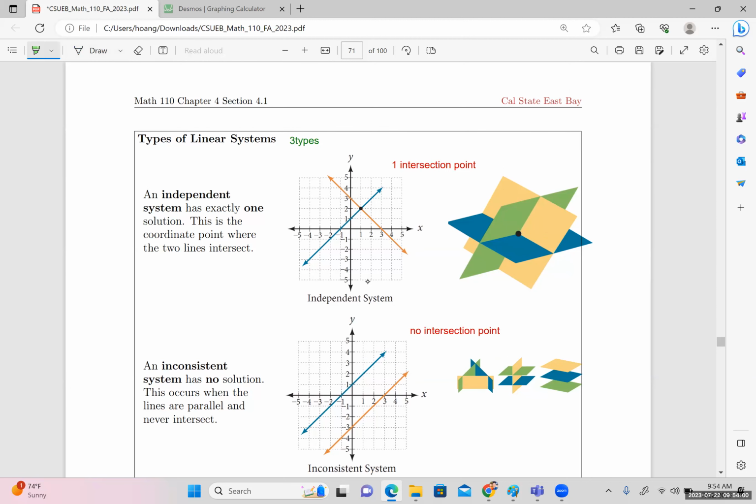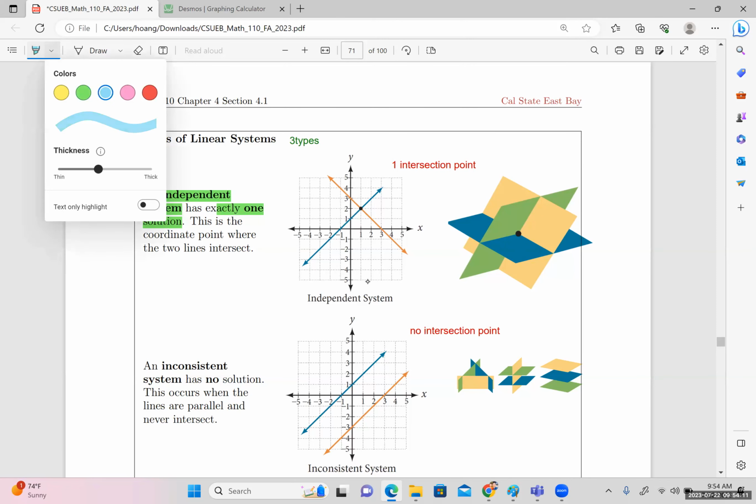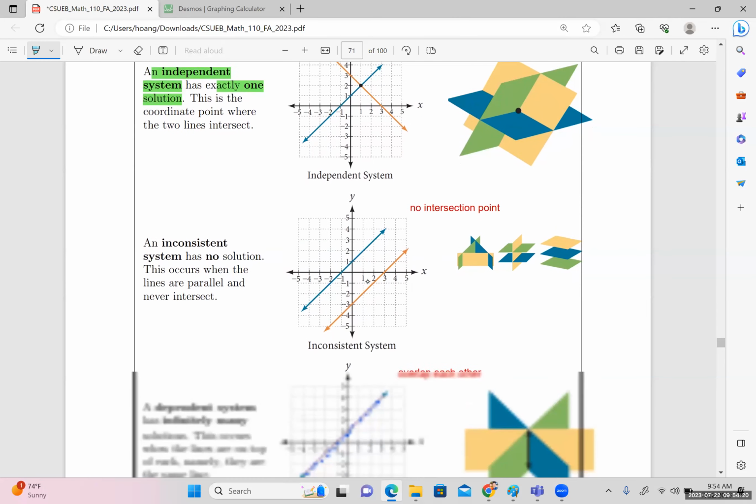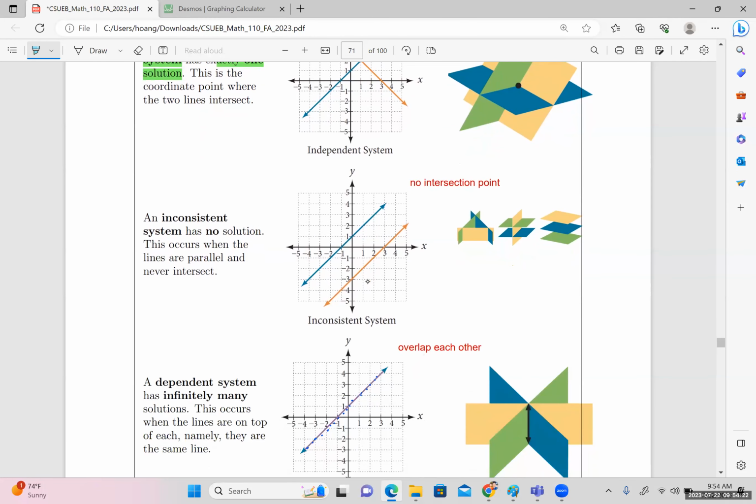The first one, when we have only one intersection, is called an independent system. We have exactly one solution. Two lines always cross just once; there's no way you have more than one. The second kind is an inconsistent system.